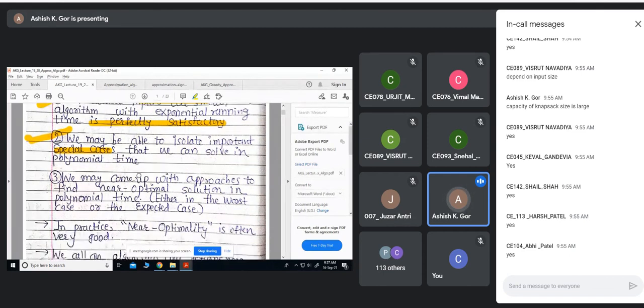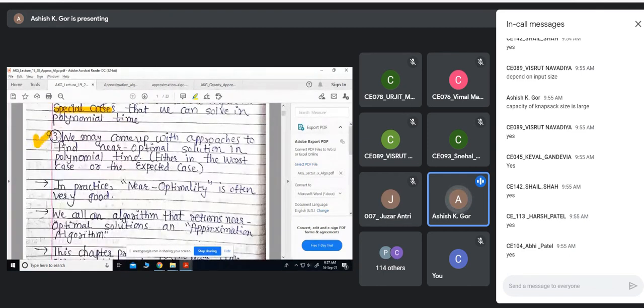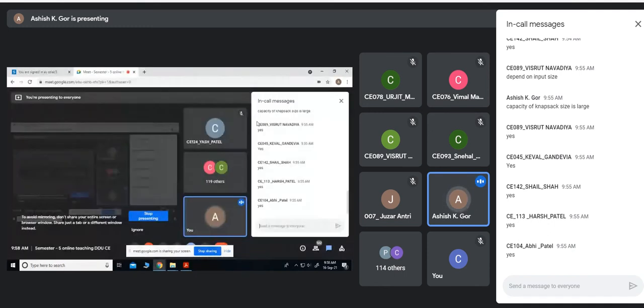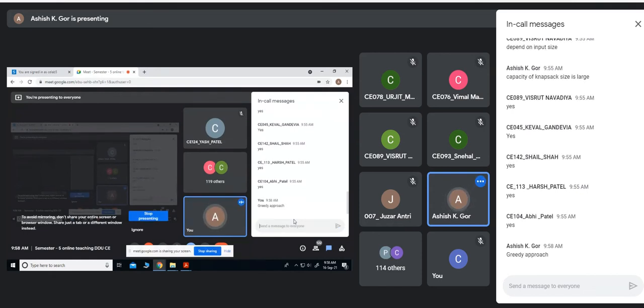So what is the third way? The third way is we may come up with approaches. What do you mean by approaches here? Approaches means algorithms. For example, a greedy approach could be there, because greedy generally has polynomial time solutions.